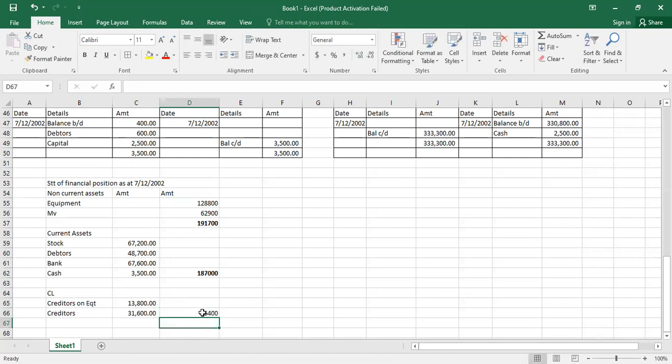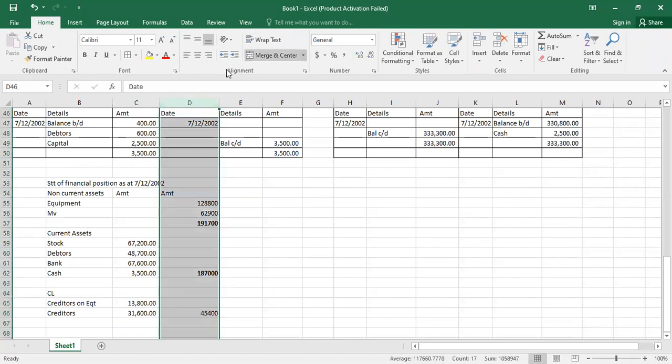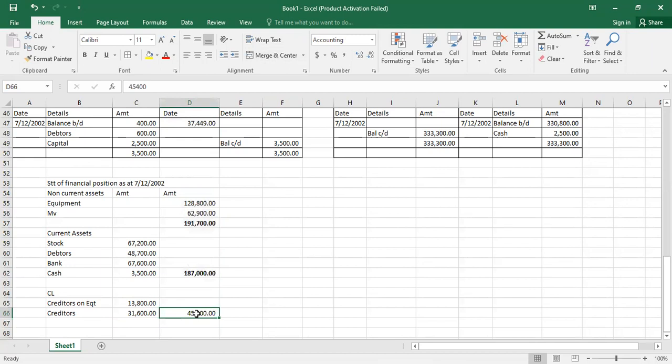Now we need to get the balancing figure. So to get the balancing figure, we need the figure of our net assets, because it should be equal to the figure of the liabilities plus capital. Isn't it? Yes. And we already have the balancing figure, don't we?